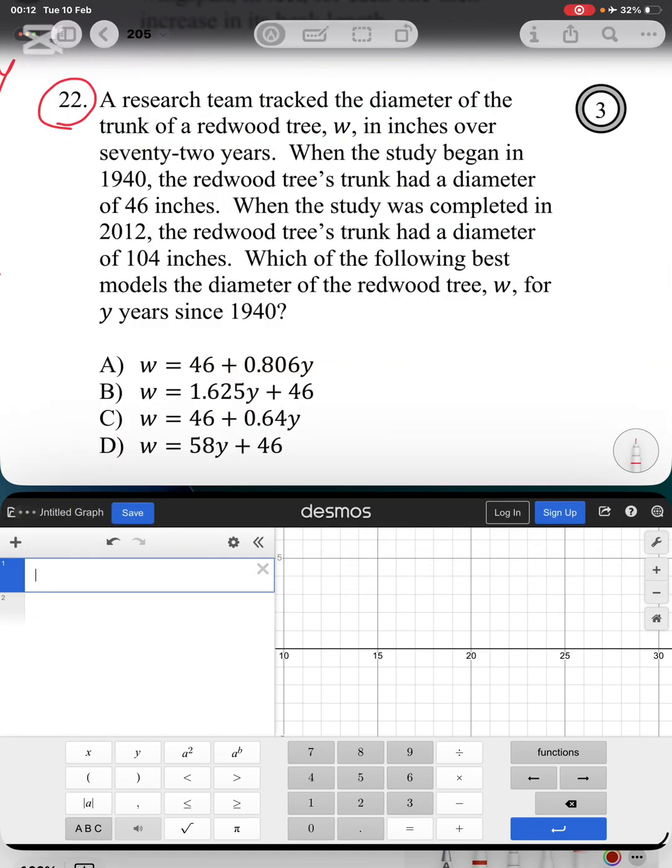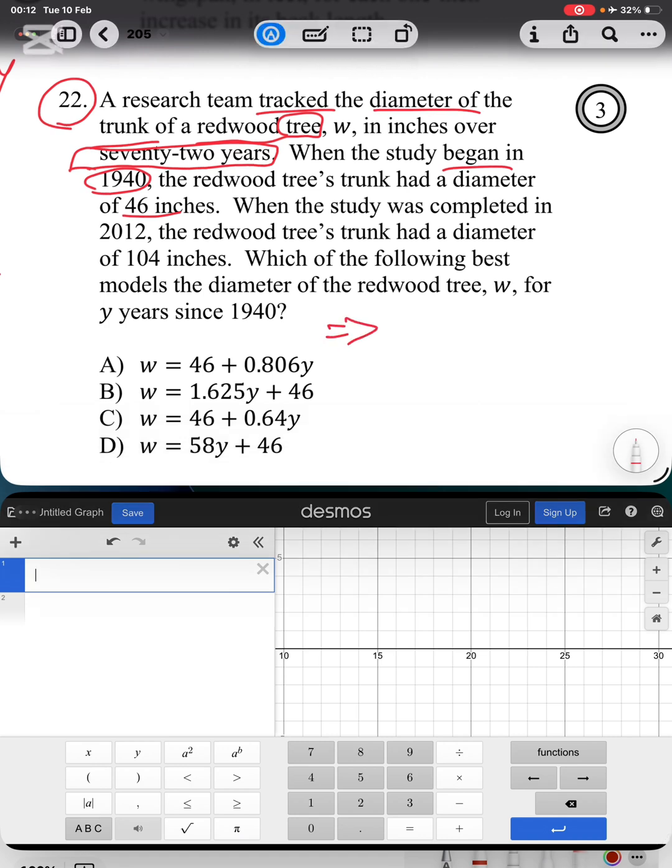In this SAT question, a research team tracked the diameter of the trunk of a redwood tree, in inches, over 72 years. Okay, we're given the number of years. When the study began in 1940, the redwood tree's diameter was 46 inches, right?